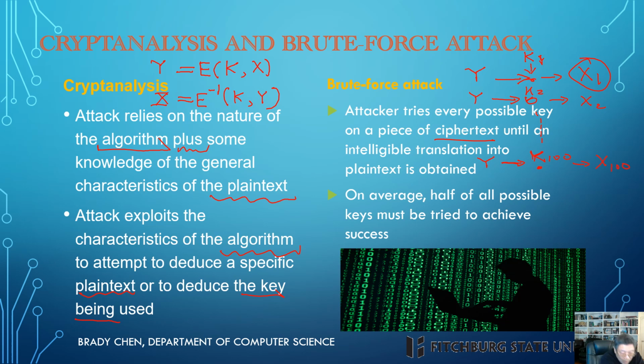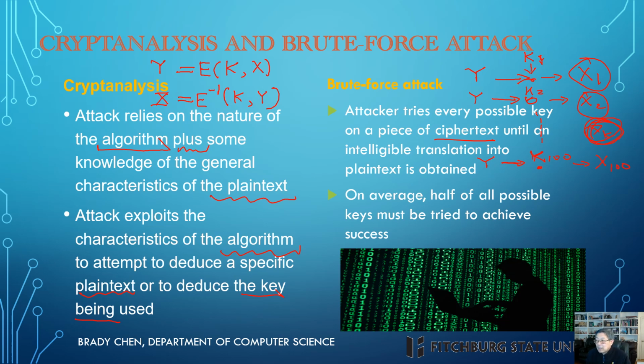If X1 doesn't make sense, X2 doesn't make sense, and suddenly we find a particular one, like XK, which is intelligible, then we know this is the key used.